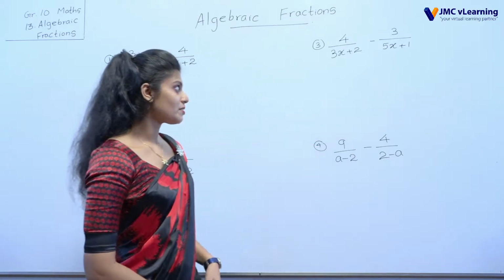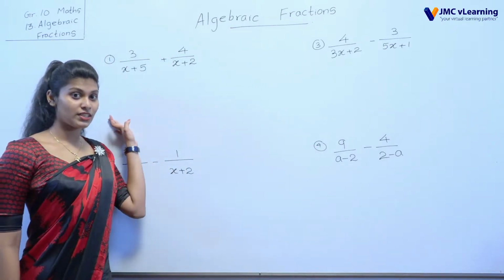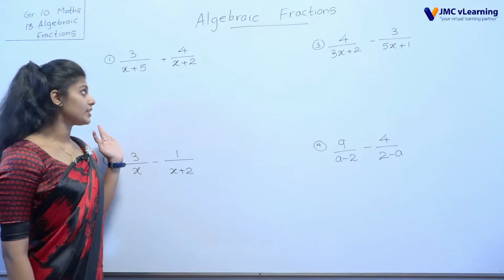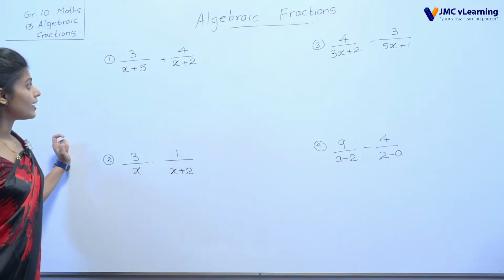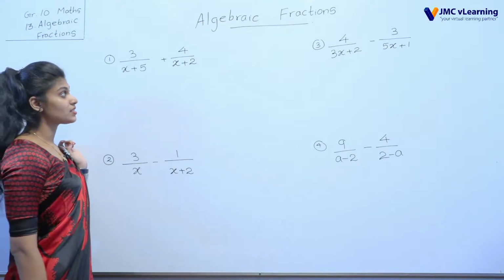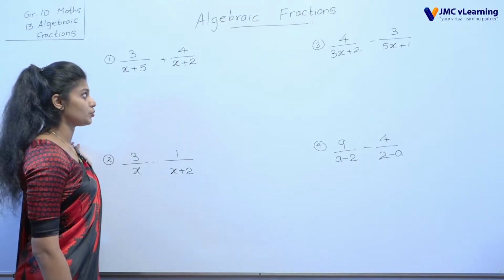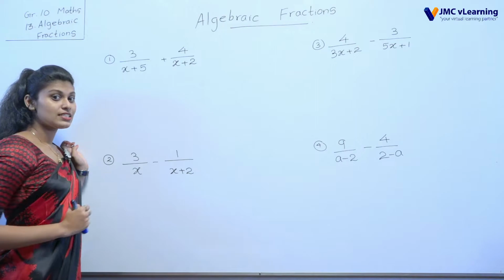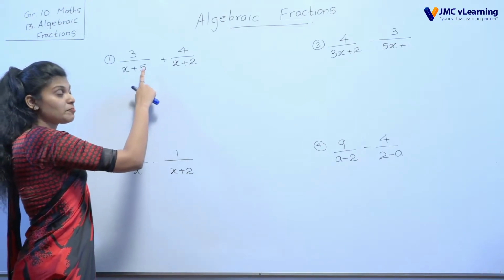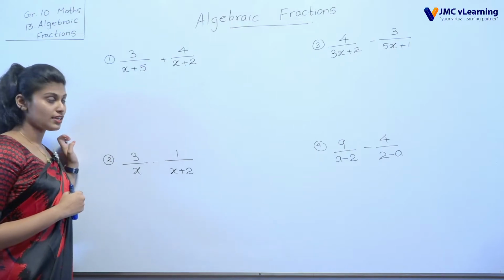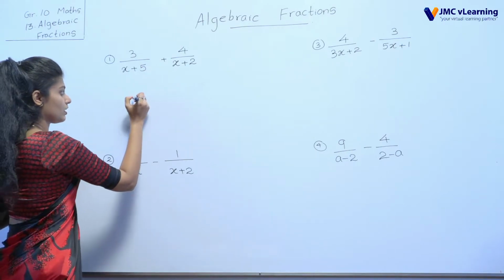Now we are going to simplify with binomial unequal denominators. Here 3 over x plus 5 plus 4 over x plus 2. Denominators are different. You have to take equal denominators. By multiplying these two, you can take the equal denominator.